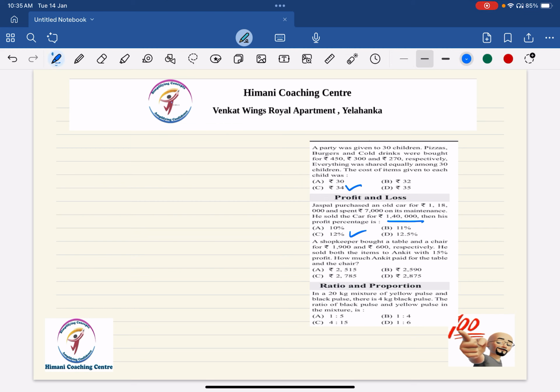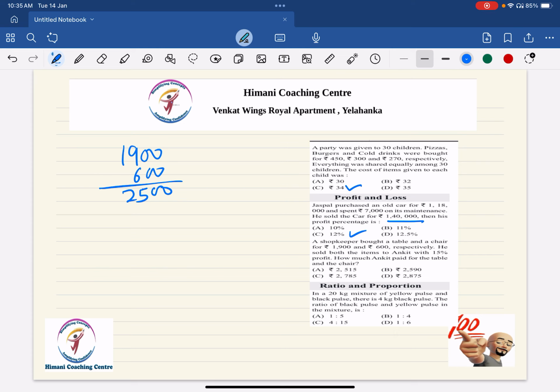A shopkeeper bought a table and chair for 1,900 and 600 respectively. He sold both items to Ankit with 15% profit. How much did Ankit pay for table and chair? So what is the total cost of table and chair? 1,900 plus 600, which is 2,500.